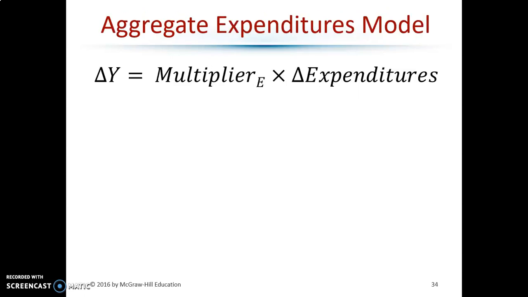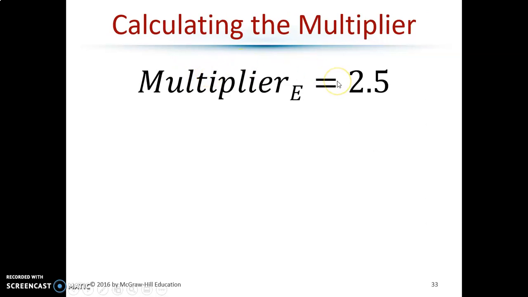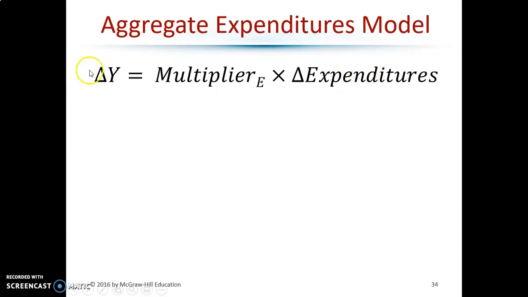Well, whatever change in expenditures that we have, government purchases here, that $200 billion, for example, we're going to have to multiply that by the multiplier we just got here, 2.5, to get what would turn out to be $500 billion would be our change in GDP.